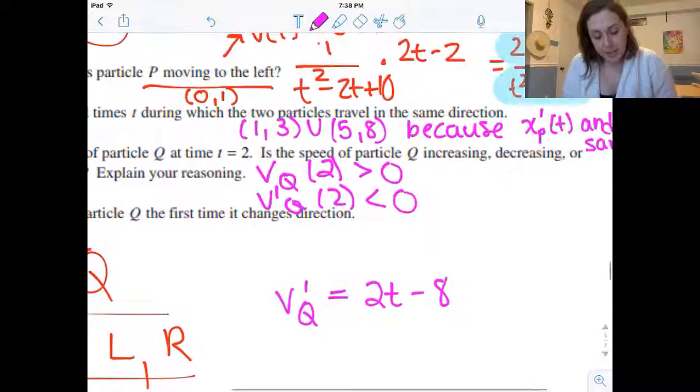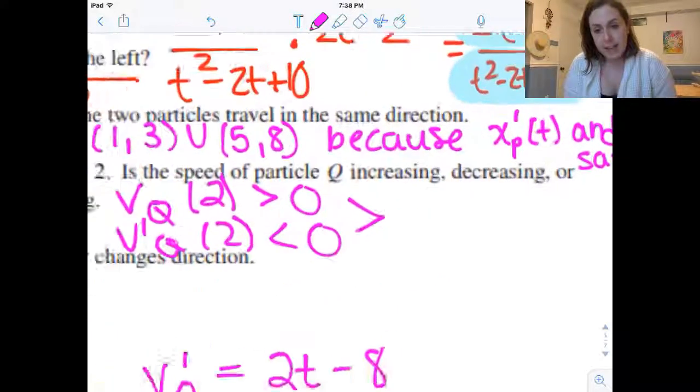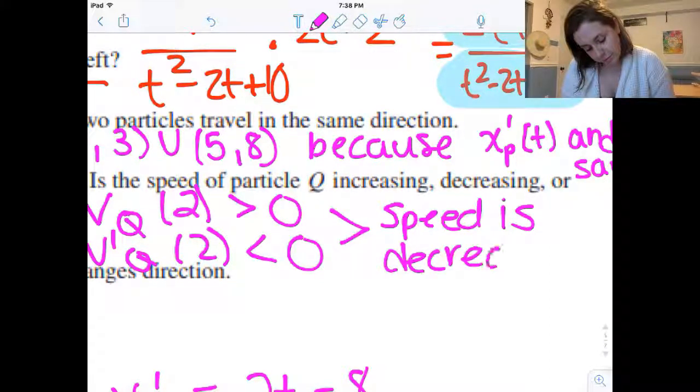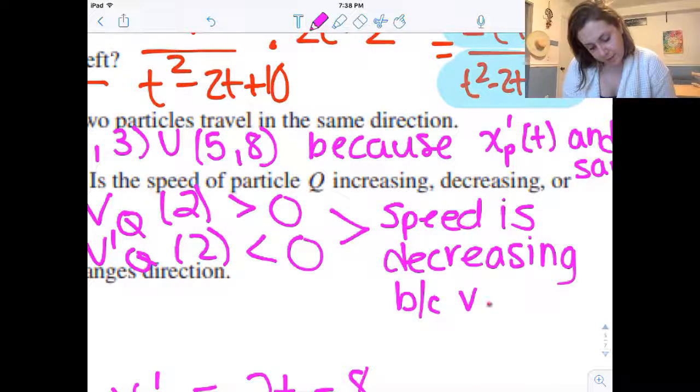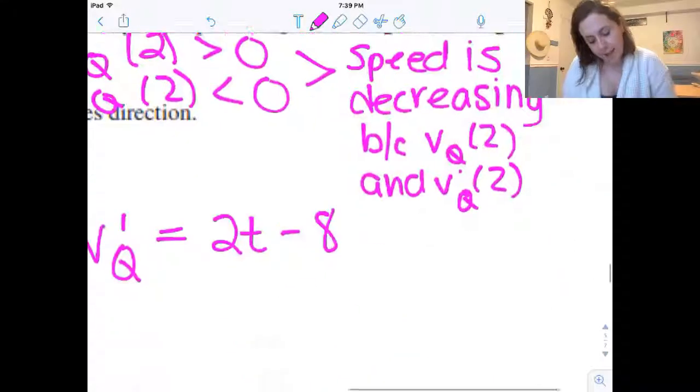And because these have different signs, my velocity has one sign and my acceleration has the other, I could say that the speed is decreasing because vQ of 2 and v prime Q of 2 have different signs.